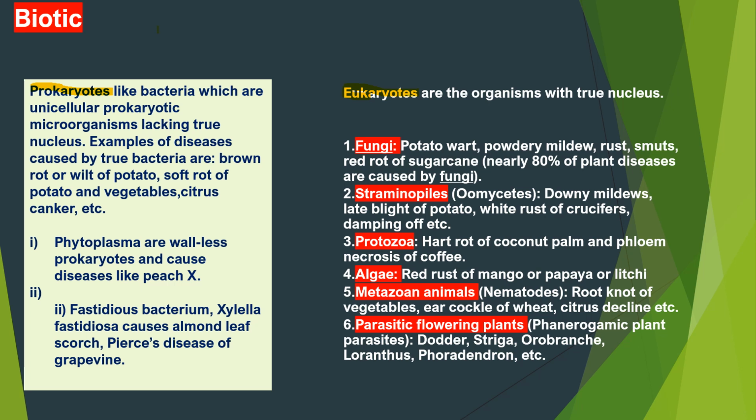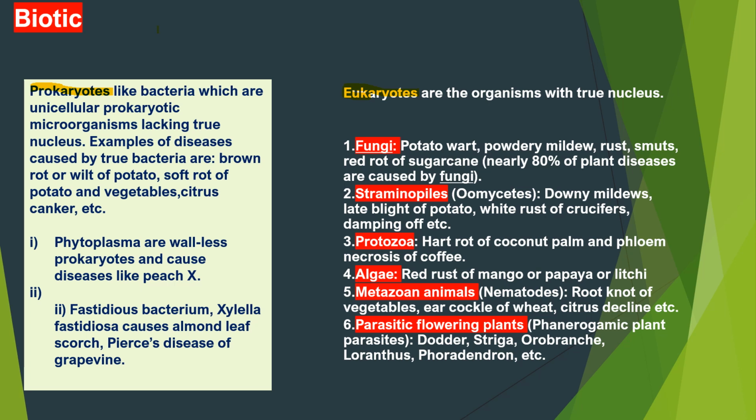Then straminipiles or oomycetes cause downy mildews, late blight of potato, white rust of crucifers, and damping off. Protozoans also cause diseases, like in coconut palm and phloem necrosis of coffee trees.